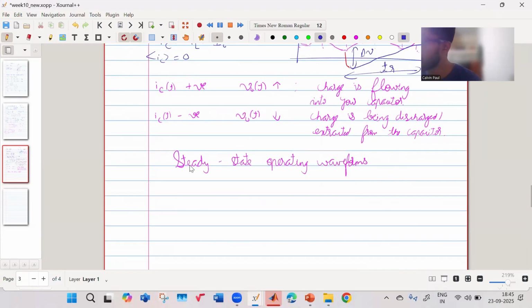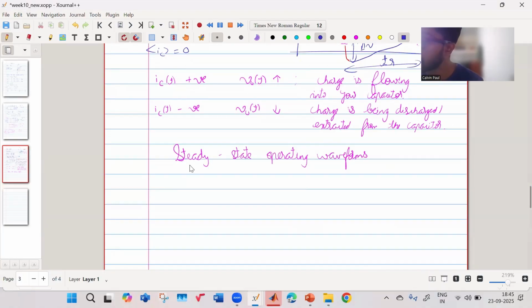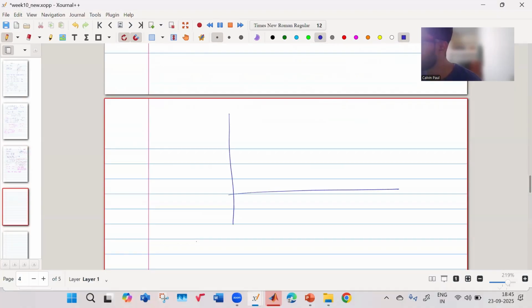Okay, I'll make one more diagram. This is not good. Let me draw one more diagram. So your inductor current was working like this, and this was your load current I naught. Okay, all of a sudden it goes like this.